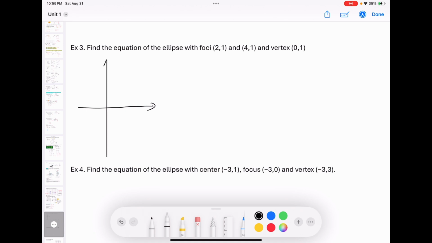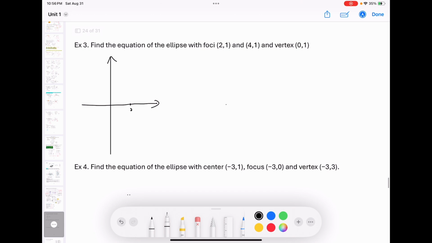First, we can plot the foci (2, 1), so this is 2, this is 1, and then (4, 1). I feel my graph is a little bit small. Let's extend it. And these are my two foci, and the vertex is (0, 1). (0, 1) is here.